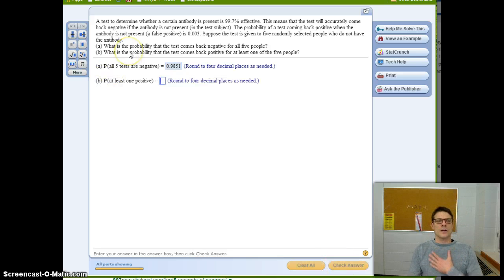Fantastic. So what is the probability that the test comes back with at least 1 positive? And remember, all these people don't have the antibody, so that positive is really a false positive. There are a lot of different situations that could happen there. One of the people has a false positive, 2 people have a false positive, 3 people have a false positive.